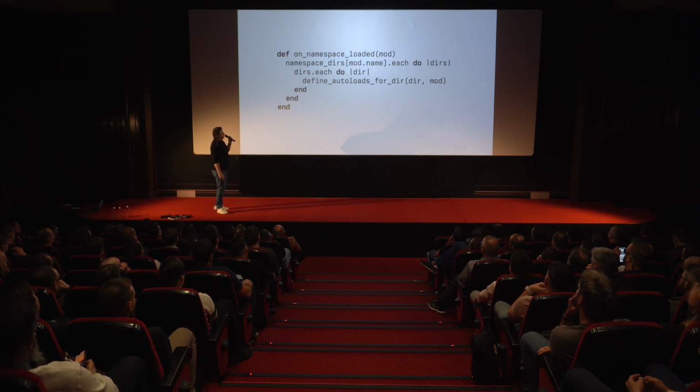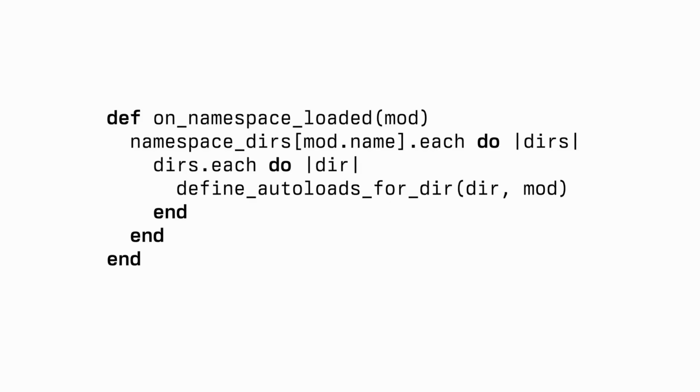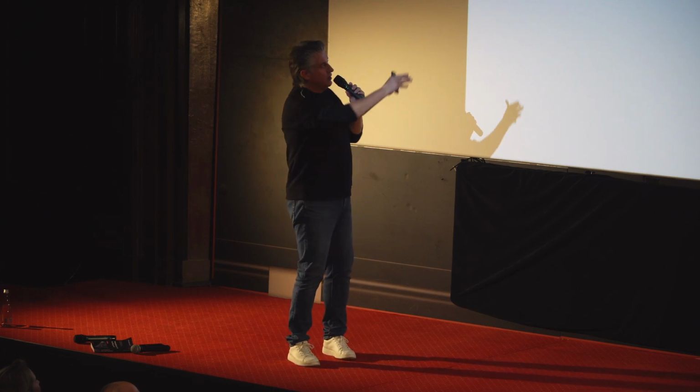All right. Now, when a namespace is loaded, which is what happens when a directory is loaded, then we go to the list of directories that define that namespace and scan one level more on demand. This is what this code is doing. We are calling here the method that we saw at the beginning.